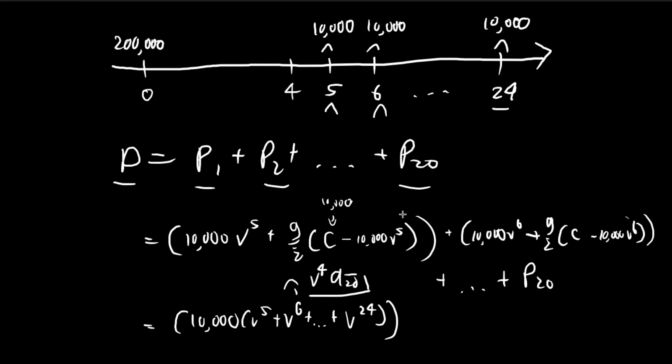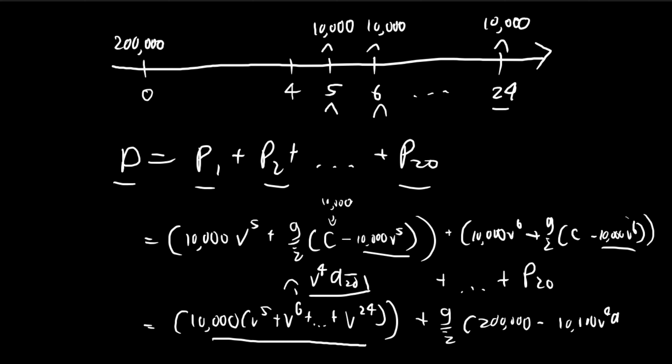So we were completely justified in using Makeham's formula for that part. If you observe the other parts, you add up all the C's, you have 20 of these, each one is 10,000, you add up to 200,000, and again, you group up these terms over here, you get something similar to this part, which is also equal to 10,000 times v to the power 4, a angle 20.